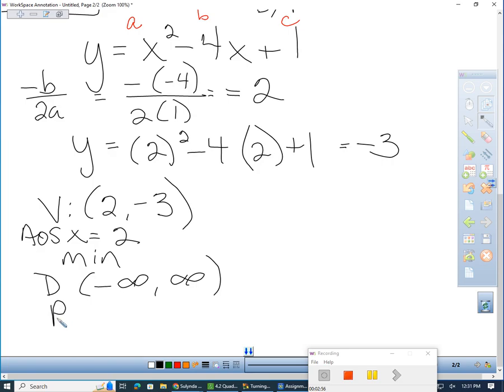Very good. And my range, since this opens up like this, we start at the y value, which is negative 3, and it goes to infinity. Anytime it's a minimum, you start at the y and go up. If it's a maximum, you start at negative infinity and go to the y.